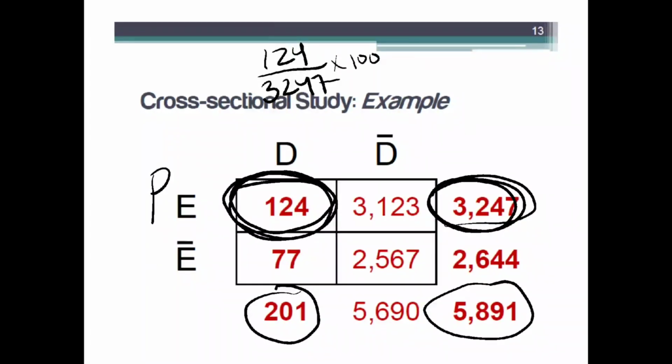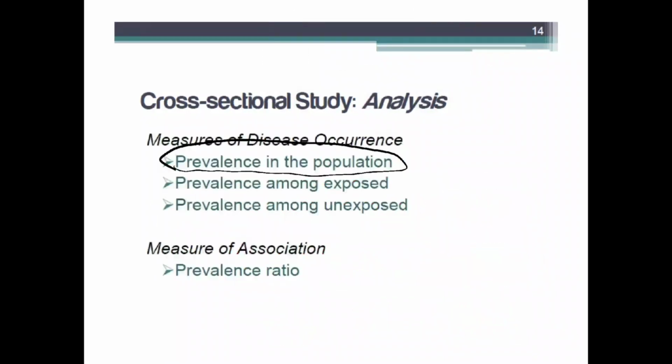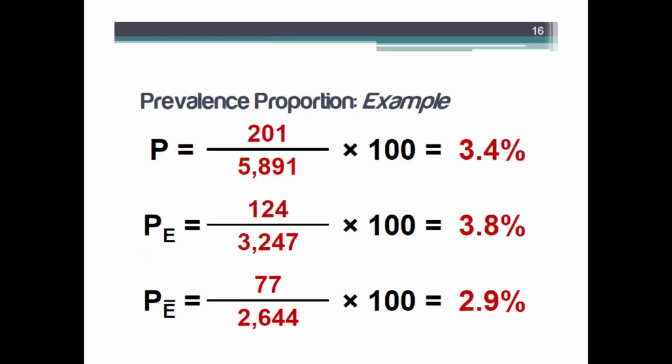Similarly, prevalence among unexposed, yung mga nagka-breast cyst na hindi uminom ng OCP, so 77, and total ng mga hindi uminom ng OCP, 2644 times 100. So this is your prevalence among the exposed, and then this is your prevalence among the unexposed. Okay, check natin.